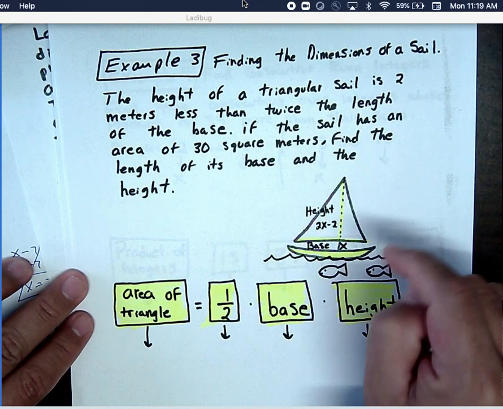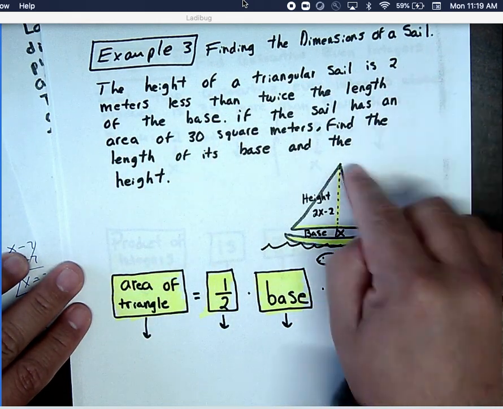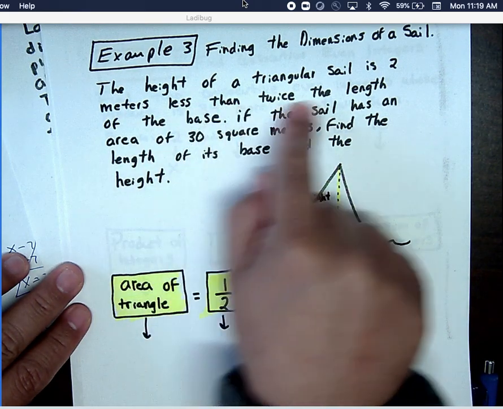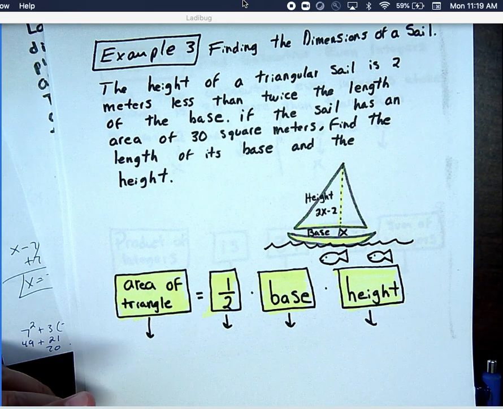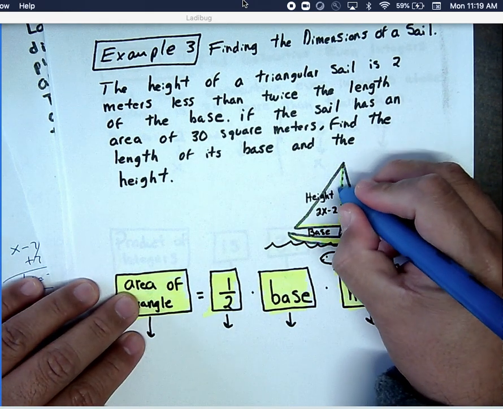So this is the sail, the little boats. The height of a triangular sail is 2 meters less than twice that length. Talking about the height, it would be this part.